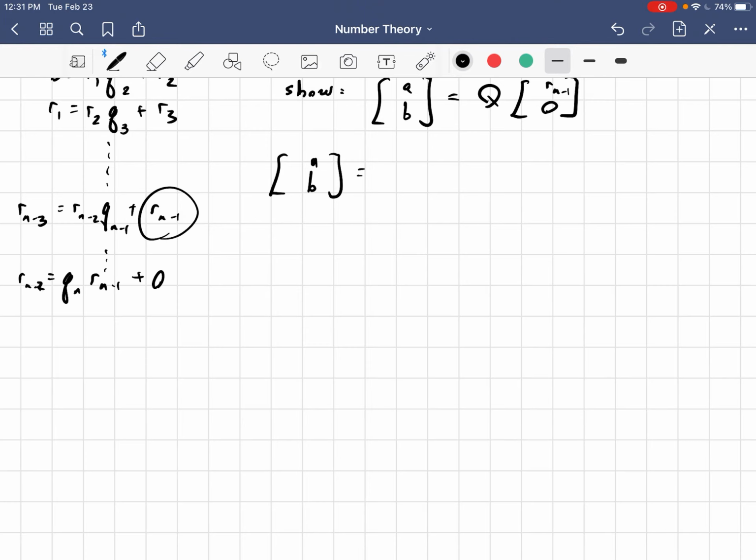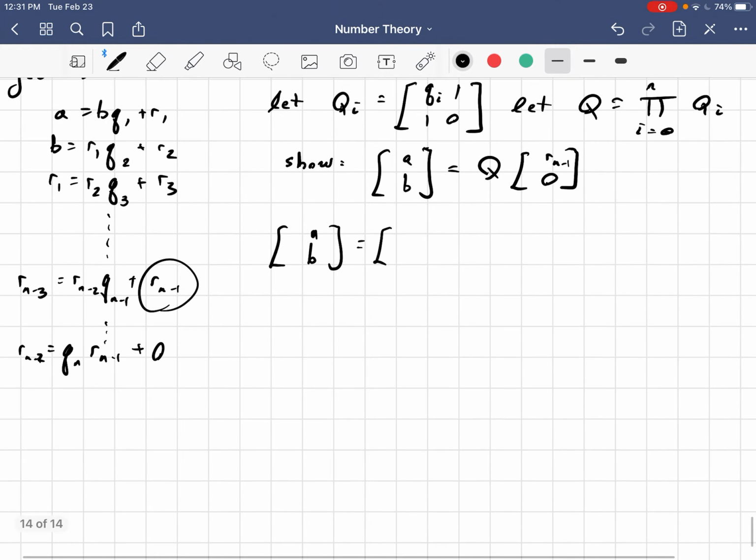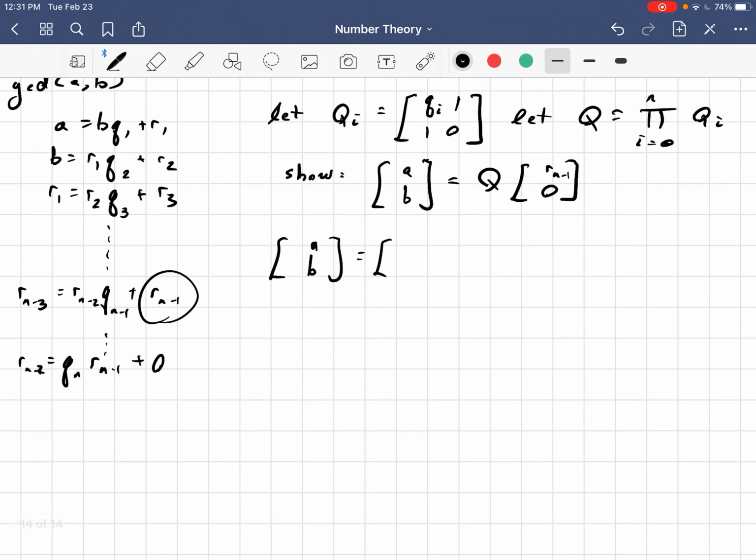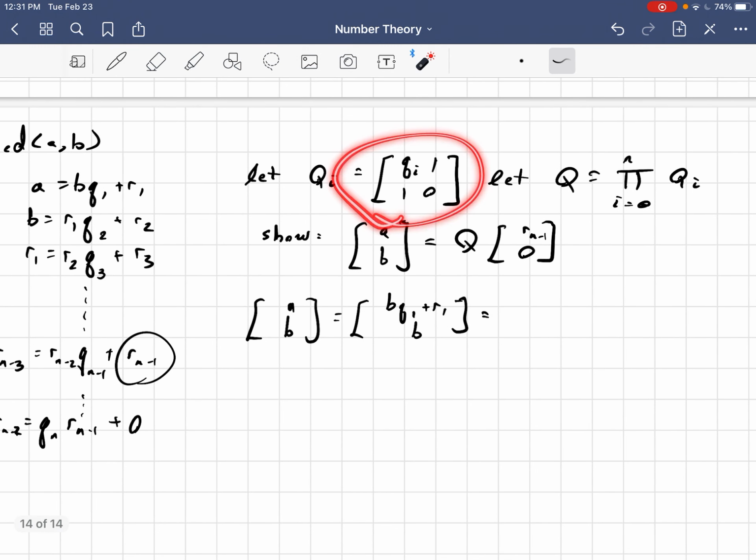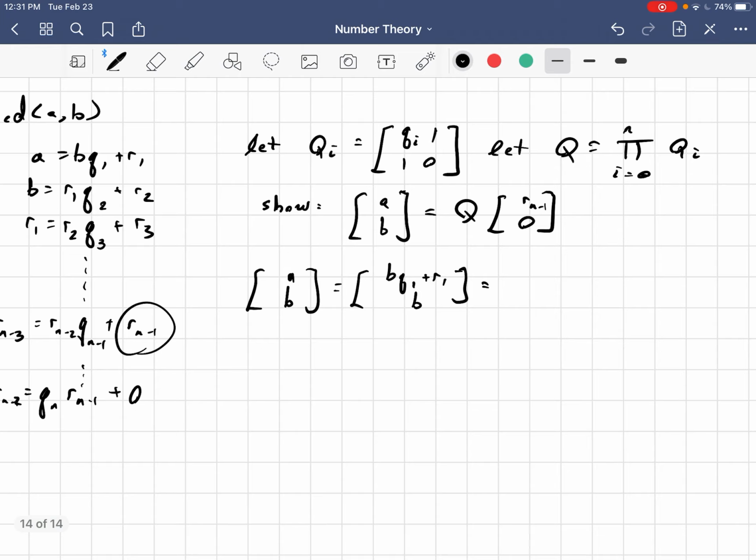So the matrix A, B, and it's so simple too, is, okay, if we look at A, what is A? A is B Q sub 1 plus R sub 1, and B will stay the same. This is where this special matrix comes from, because this matrix can actually be written as Q sub 1, 1, 1, 0 multiplied by the matrix B, R sub 1.